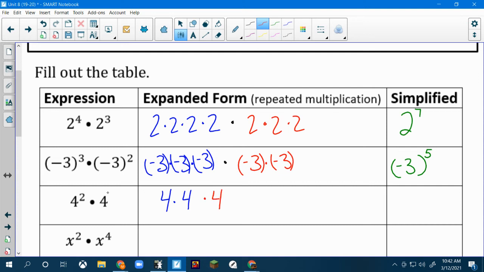How many total? Well, notice that there's no exponent here. So what does that actually mean? That means that there's a 1. You have 1, 4. Okay. Then we add our exponents together. 2 plus 1, we get 4 to the third power.